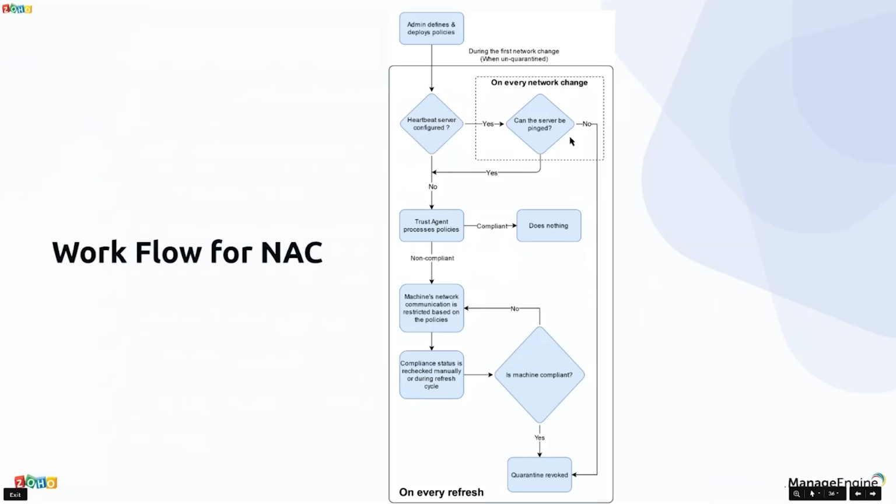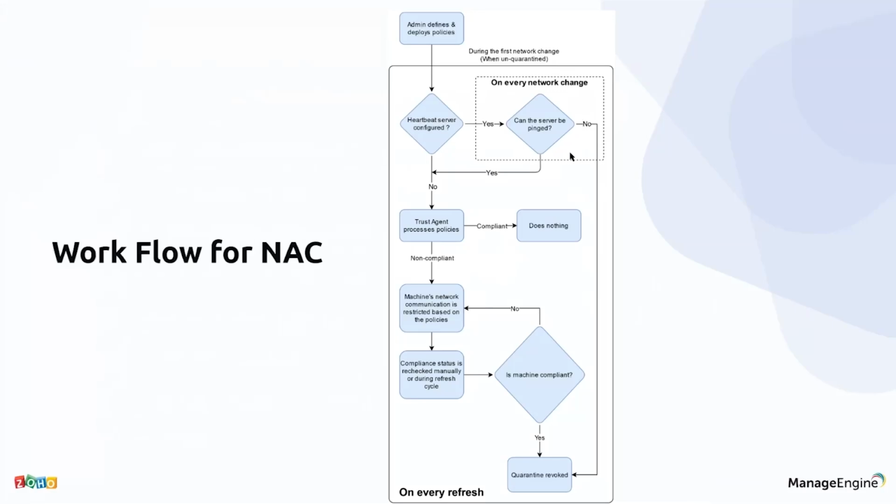As we take a look at the workflow, the administrator will create a policy that defines the compliance status. If a system is found to be non-compliant, the network resources of those endpoints will get restricted automatically. And by default, the compliance status of all the systems is checked automatically during every refresh cycle.